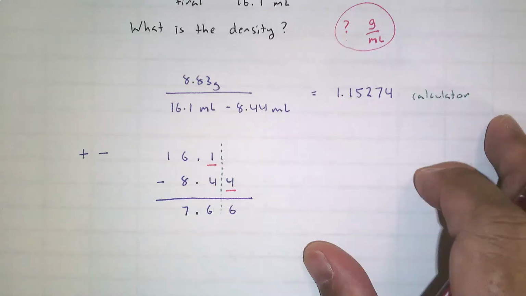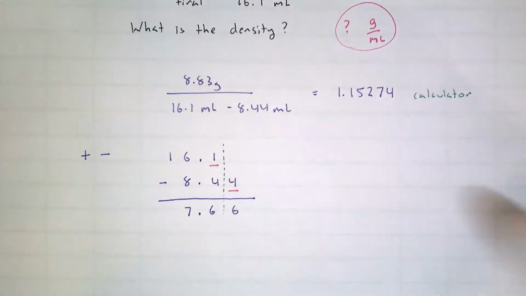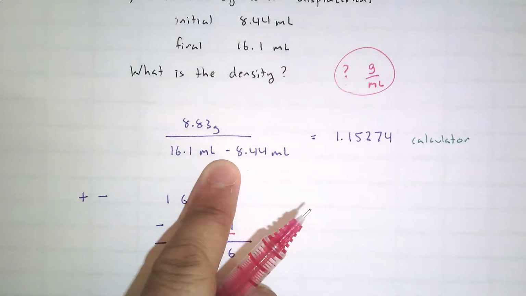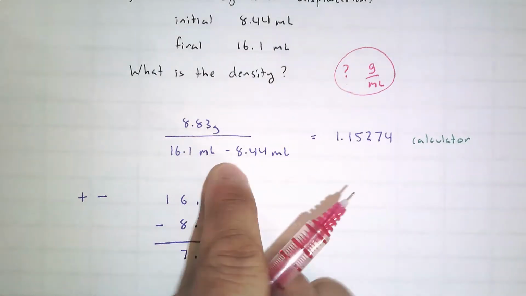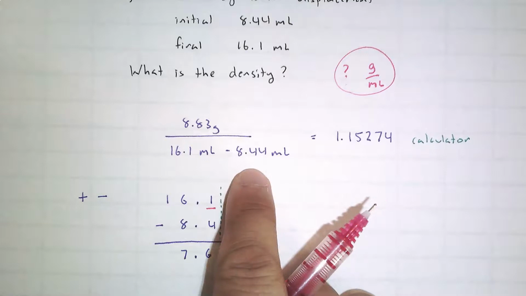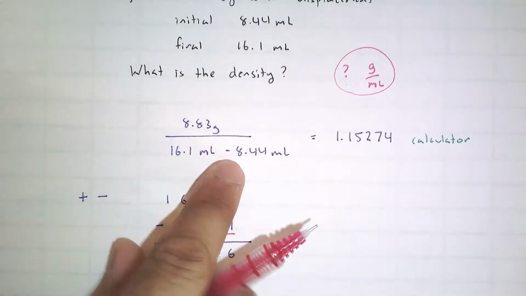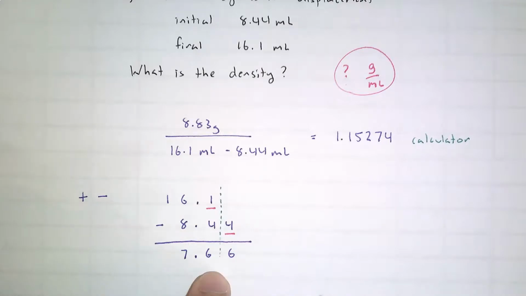And this is where some students get a little bit tripped up. When I did this calculation with the calculator, you notice that I didn't round after I did this calculation. I took 8.83 divided by 7.66.